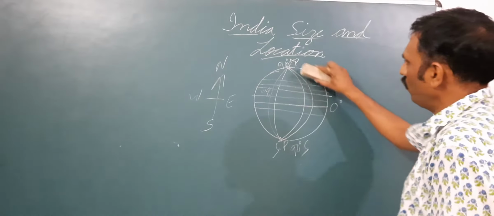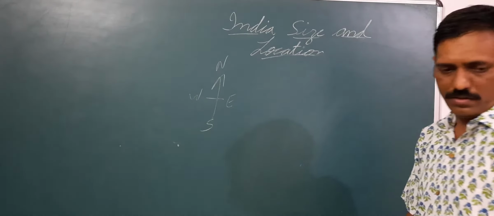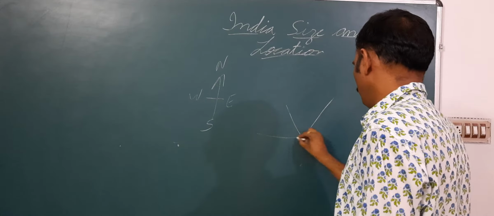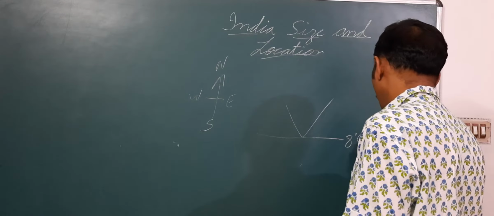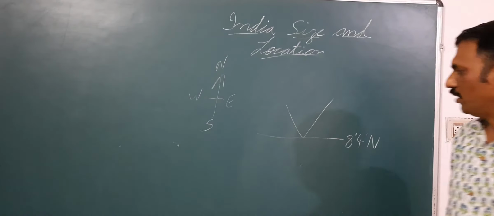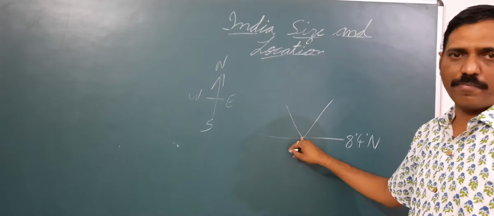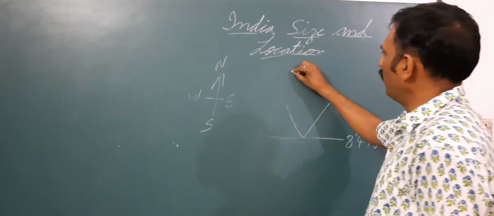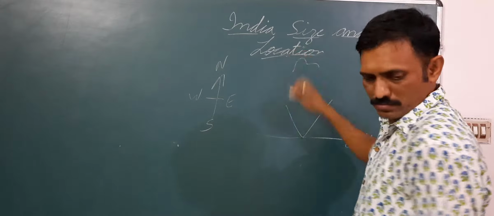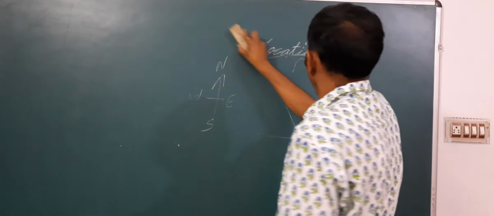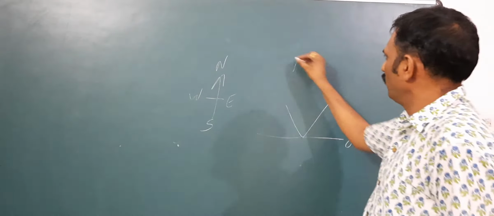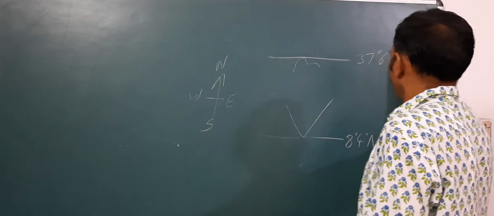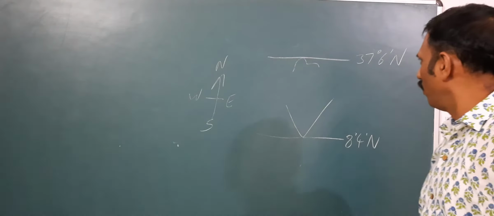Now if we talk about the latitudinal and longitudinal extent of India, the southernmost tip of India, that is Kanyakumari, is at 8 degree 4 minute north, and the northernmost part is at 37 degree 6 minute north.